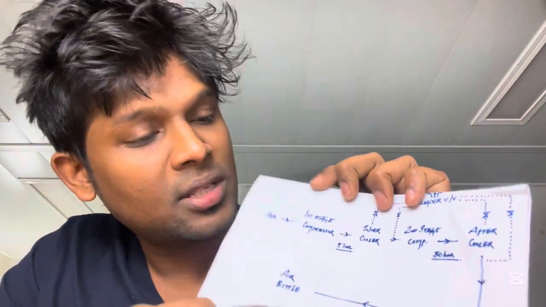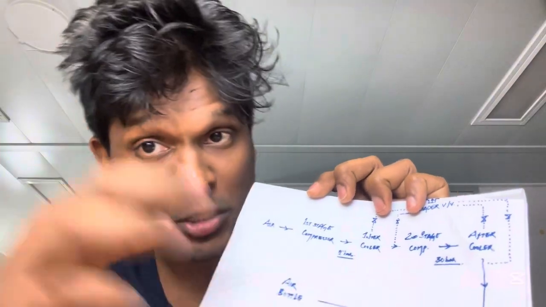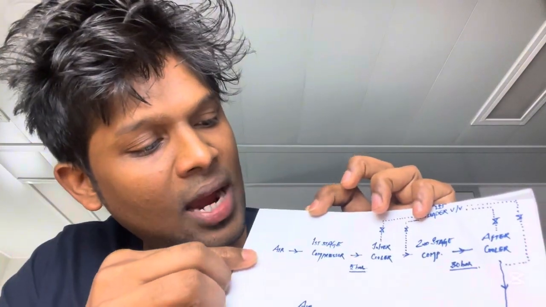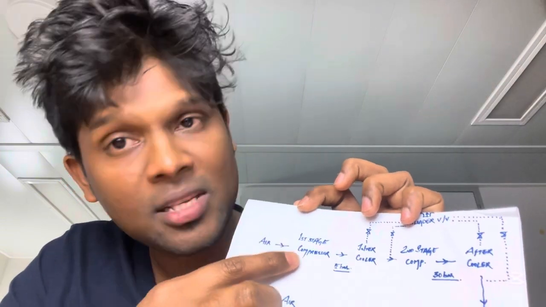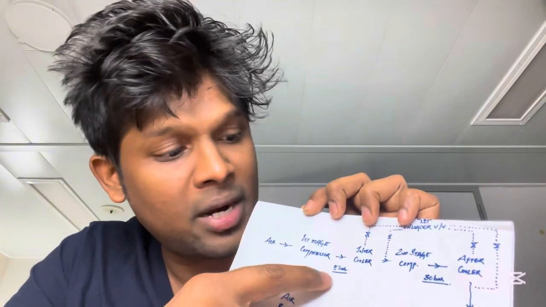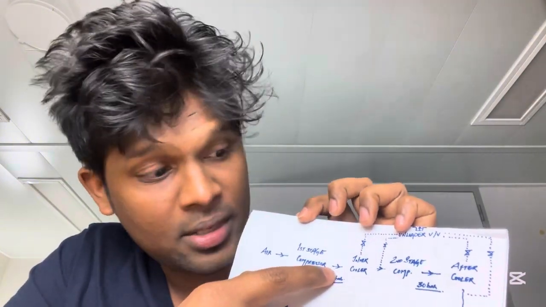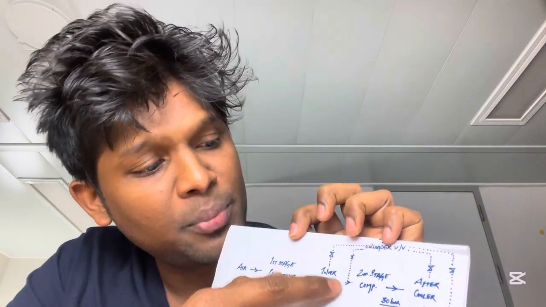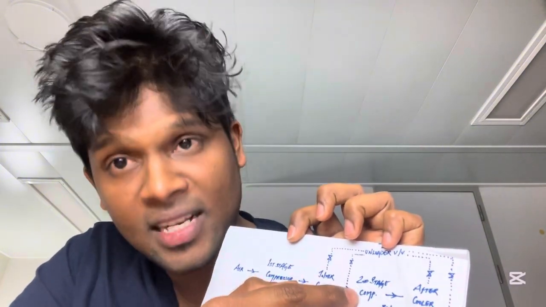What happens is, when you start the air compressor, the air is sucked. We saw the black color nozzle. Through that the air is sucked, and the sucked air is passed through the first stage compressor, where it is compressed to 5 bar, and that air is passed through a cooler, and then from the cooler it is passed through a second stage compressor.